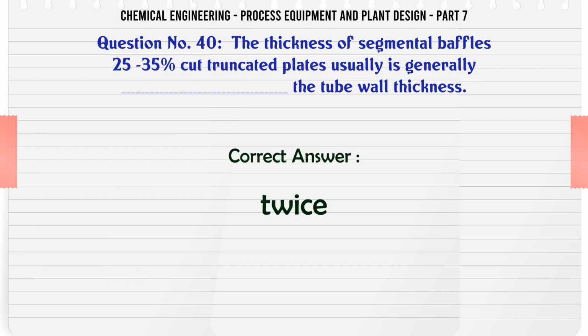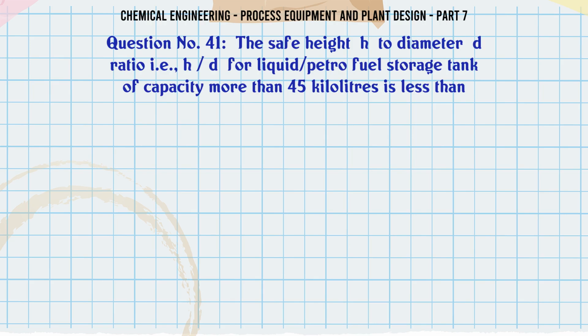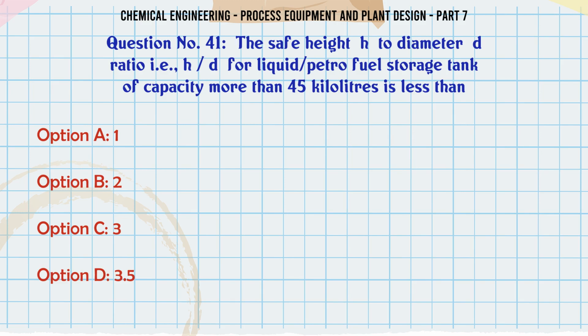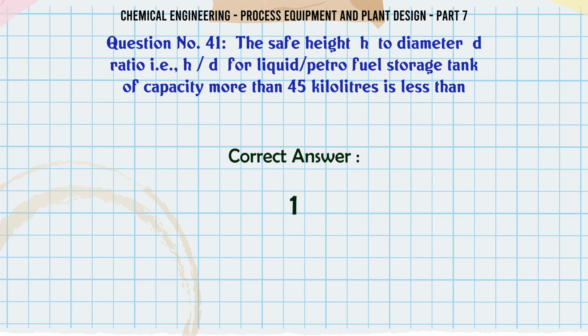The correct answer is twice. The safe height H to diameter D ratio for liquid petrofuel storage tank of capacity more than 45 kiloliters is less than A. 1, B. 2, C. 3, D. 3.5. The correct answer is 1.